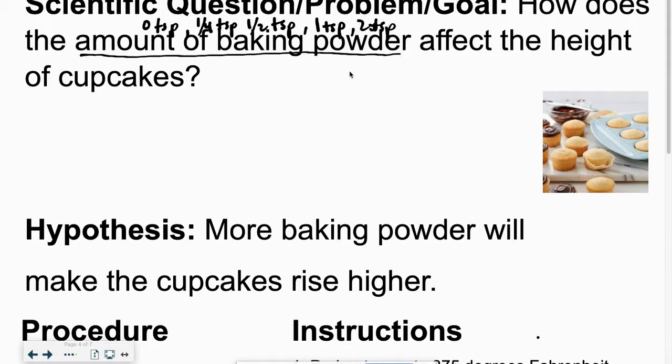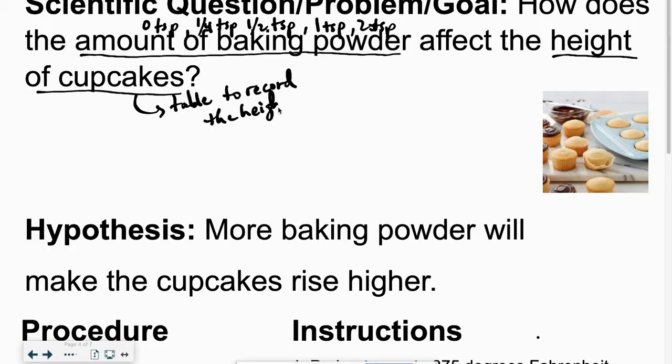I'm right now just kind of brainstorming, what do I need to write into my data plan? The other thing that I see is the height of the cupcake. So definitely I need some kind of table to record this, to record the height. And along with the height, I'm going to have to label those with the different amounts of baking powder.